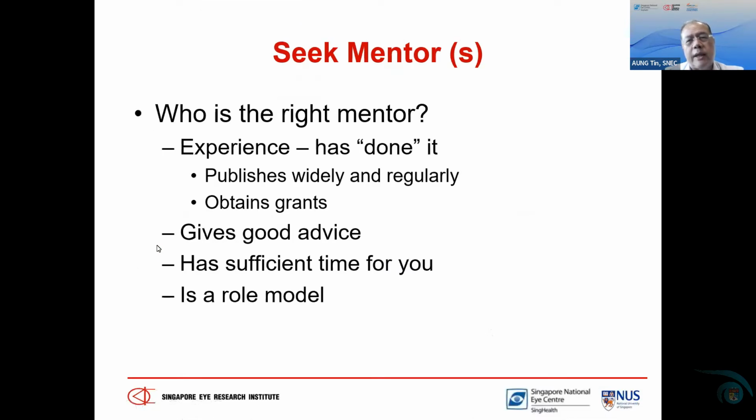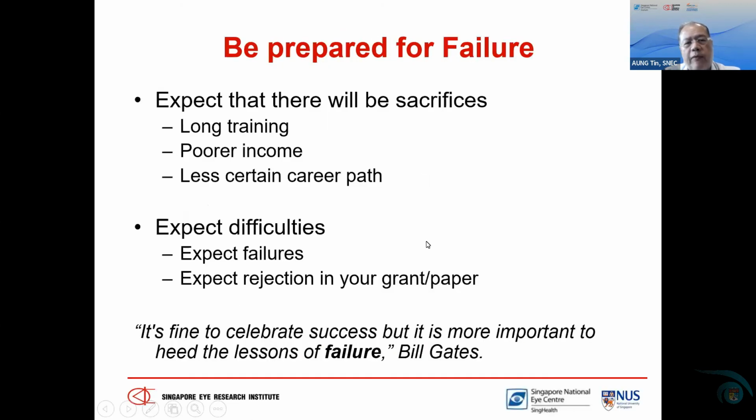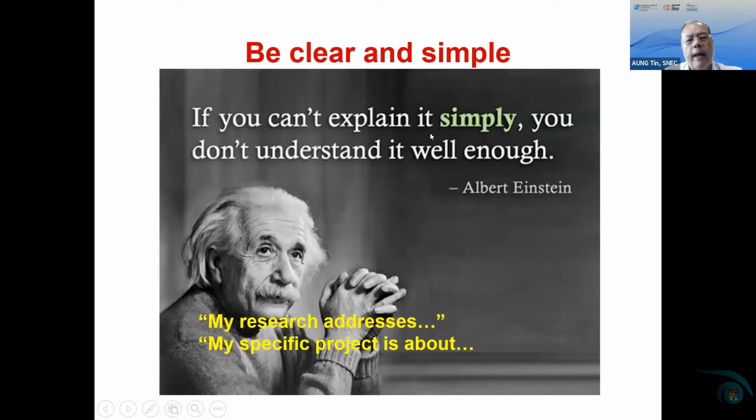And of course, when you do the study, you have to find the right mentor or people who can advise you on this research. You may have to be persistent and be prepared for failure, because sometimes you may encounter difficulties. Not all research works out. And always remember to be clear and simple.